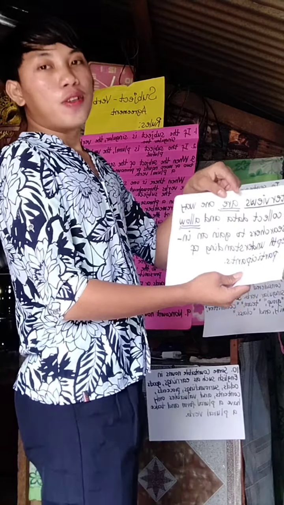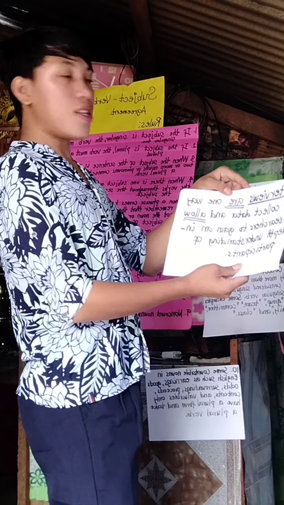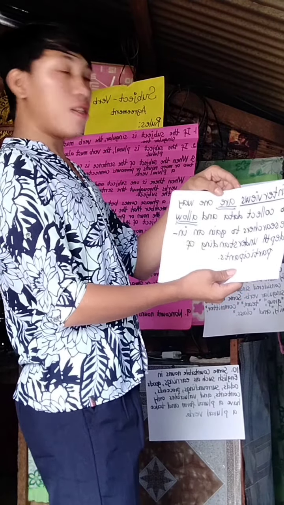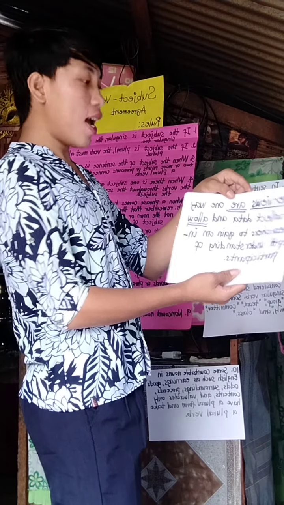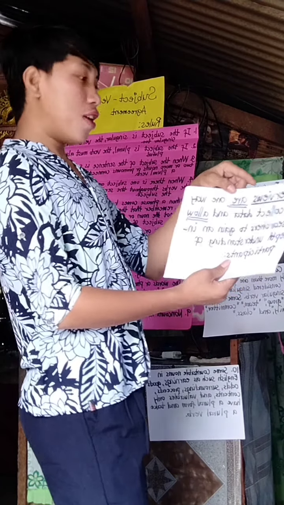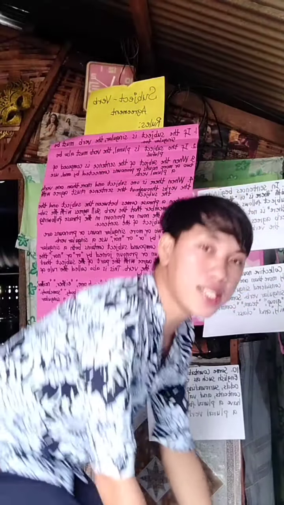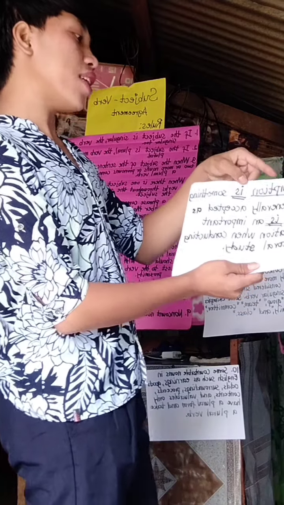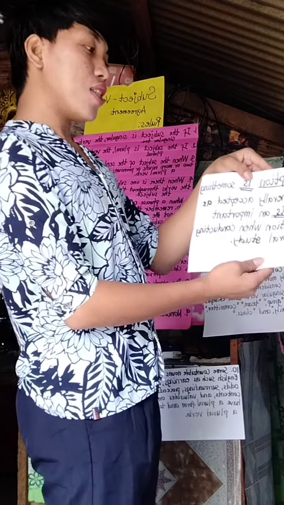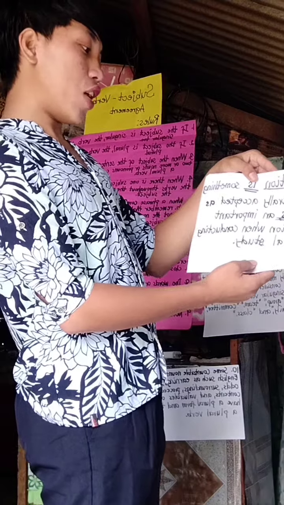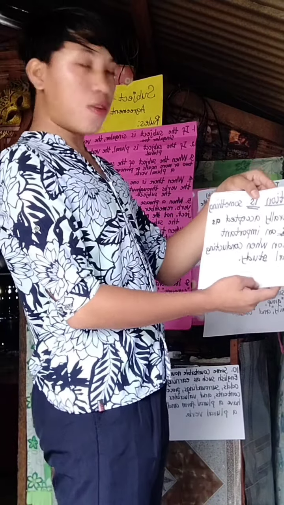From this example, our subject is interviews, which is plural, and our verbs are are and allow. The second example is: An assumption is something that is generally accepted as true and is an important consideration when conducting a doctoral study.